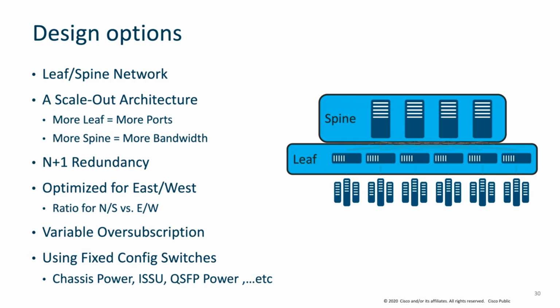Compare power between fixed config switches and modular switches. If you do a 400 gig design, the 400 gig QSFP consumes 12 watts, while a 4-port 100 gig consumes around 17.2 watts. So power is important. It is not infinite, sorry.